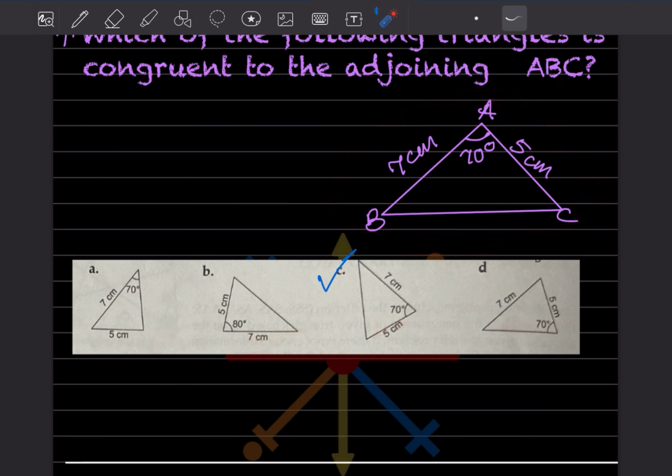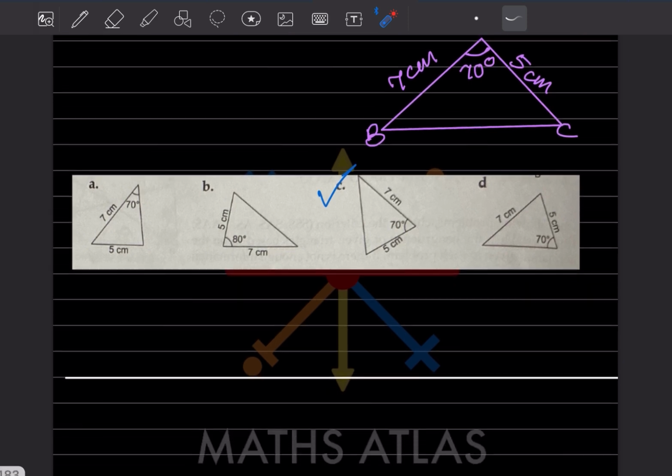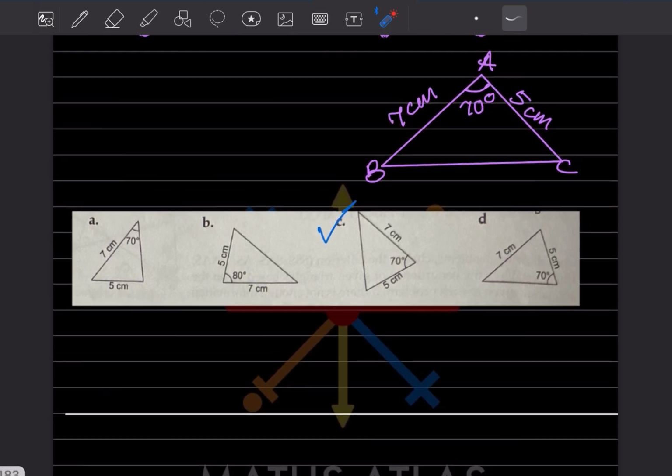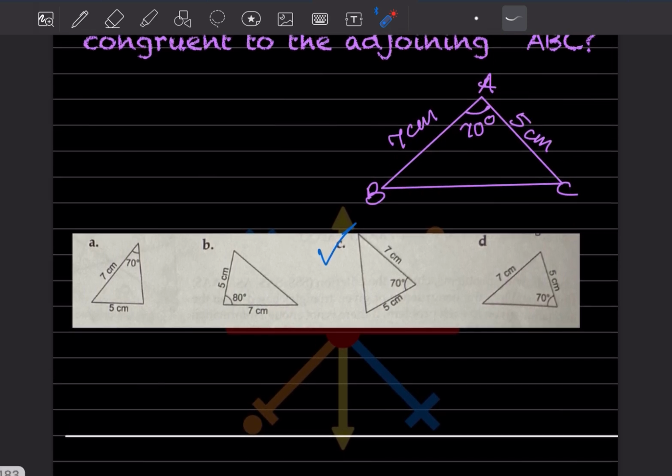So now what we can do, this side we can see this is 7 and this is 5, and then the angle is 70. So where you can see a similar one. Now see here, this angle is 70 and here is 7 and here is 5.